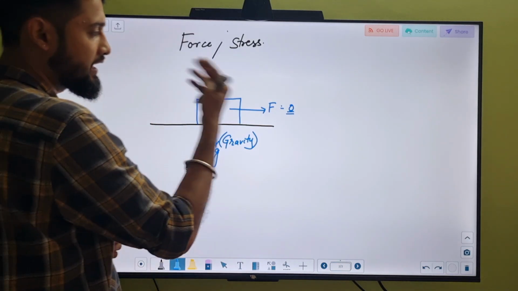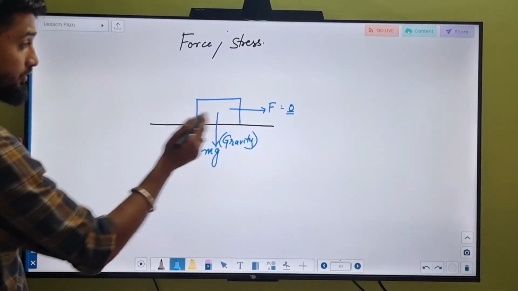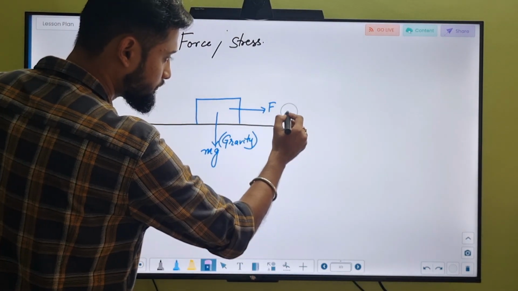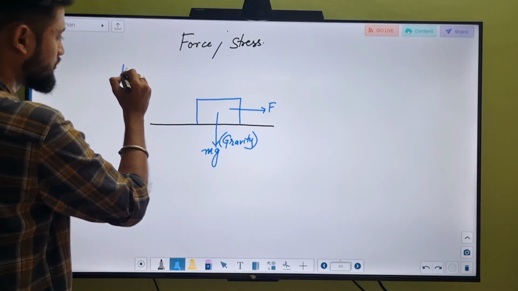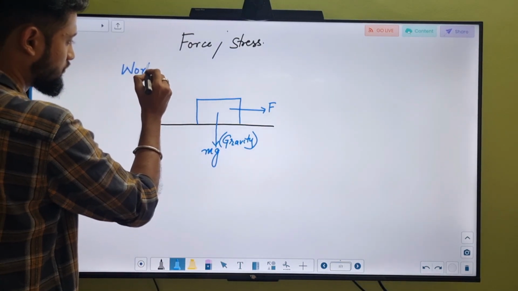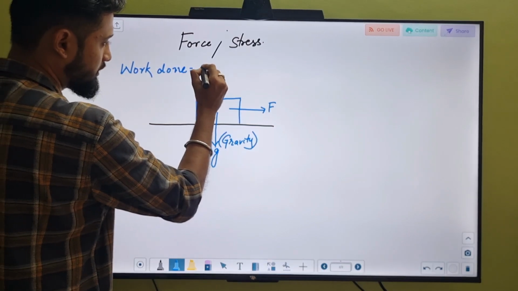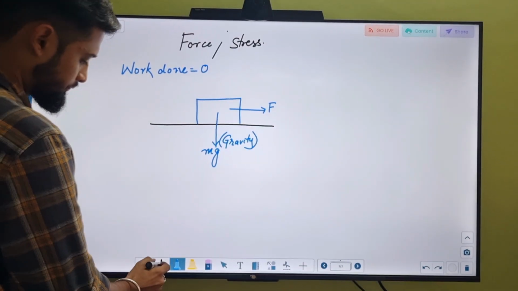Okay, so we'll understand this in a better way. Okay, so here, sorry, not the force, here the work done will be 0. Yes. So we'll try to understand it in a better way.